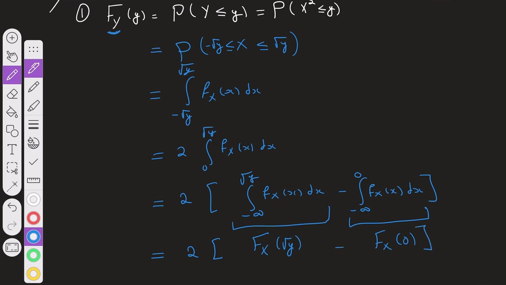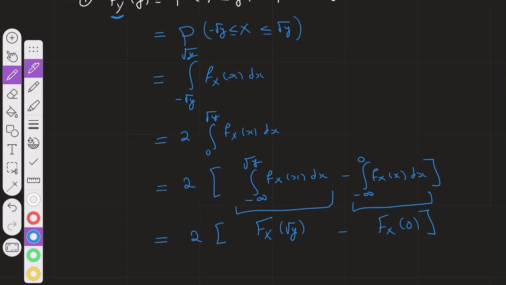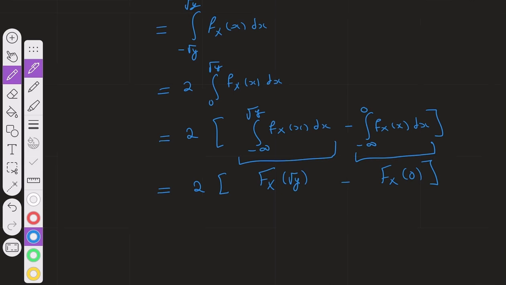Now, given that we know the distribution function for X, we can get the density function for Y as follows. By definition, the density function for a random variable is the derivative of its distribution function. So in this case, we can take derivatives.